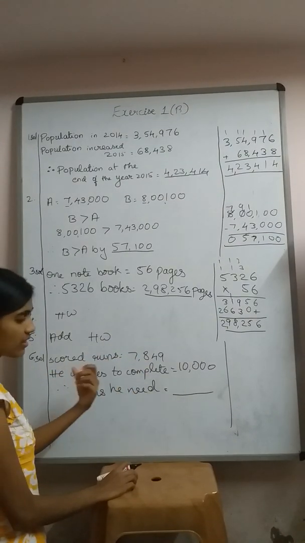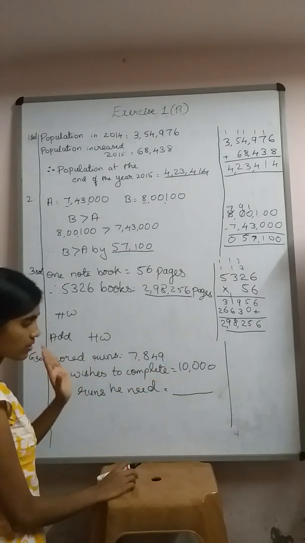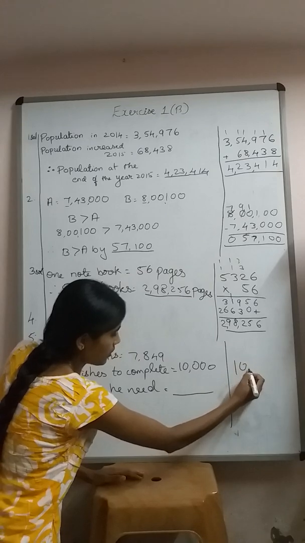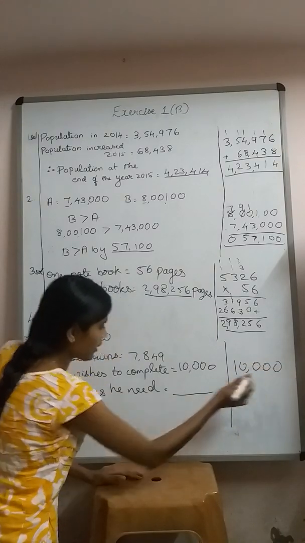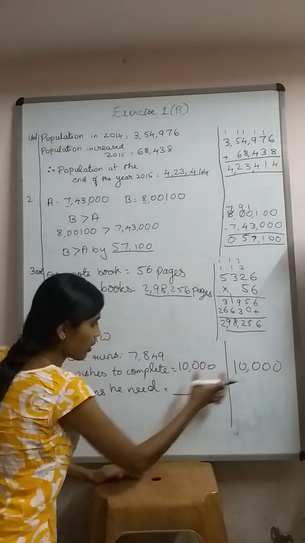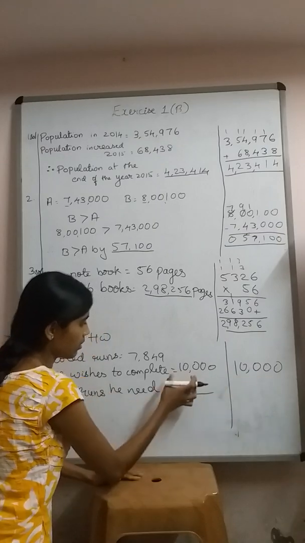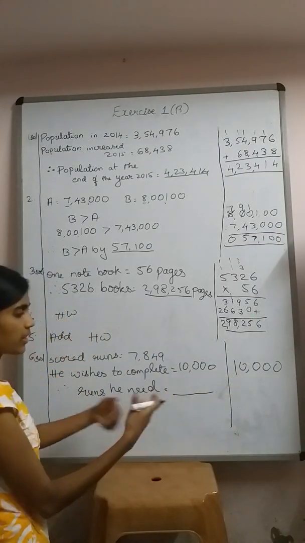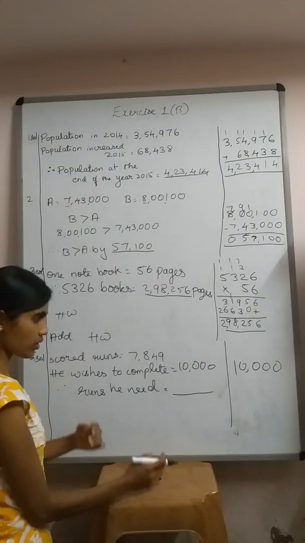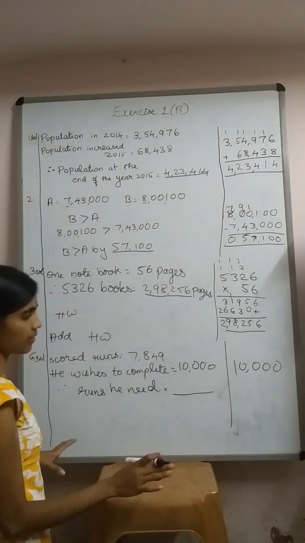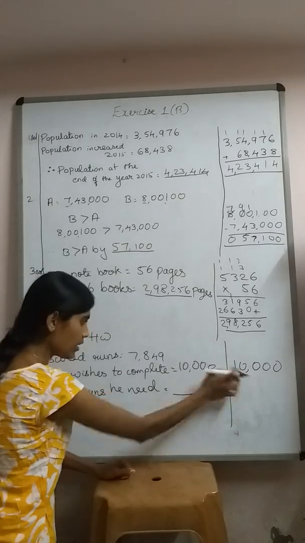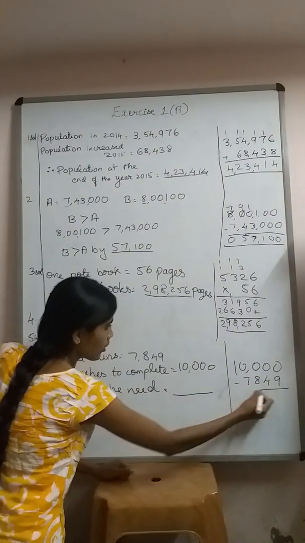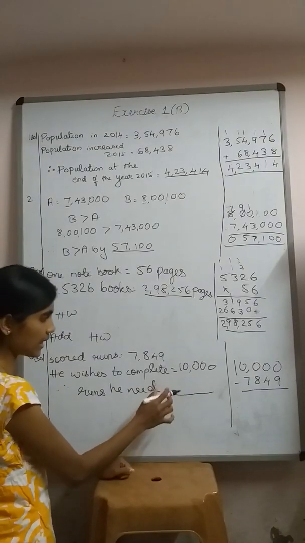So runs he needs, that is how many runs he needs. That is what you need to enter here. And remember, don't write the smaller digit above and greater digit below and start subtracting, because it's a wrong method. You will not get the answer. So write 10,000 minus 7,849. We are finding the runs he needs.